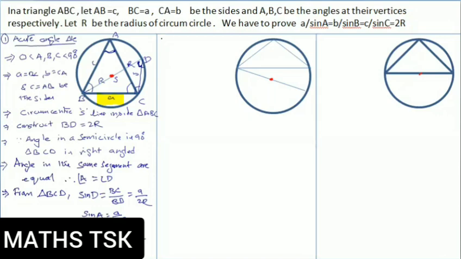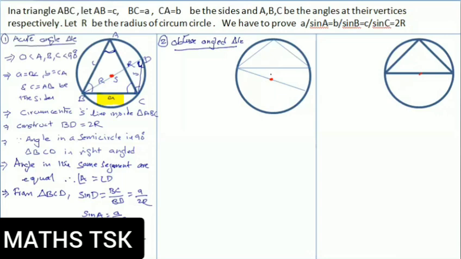Next, the second one is the obtuse angled triangle. This is a triangle. When it is acute and you push this side towards here, this becomes 90 degrees.